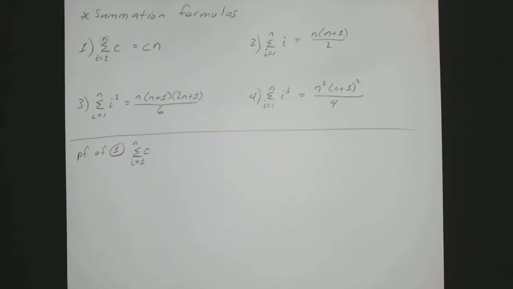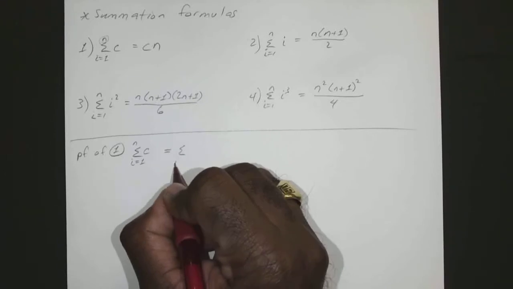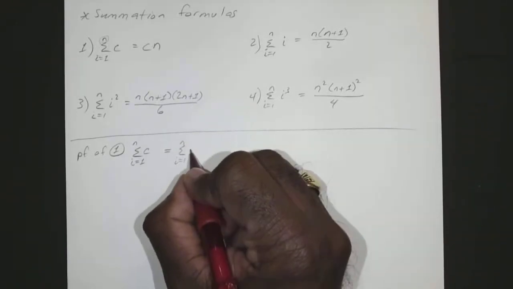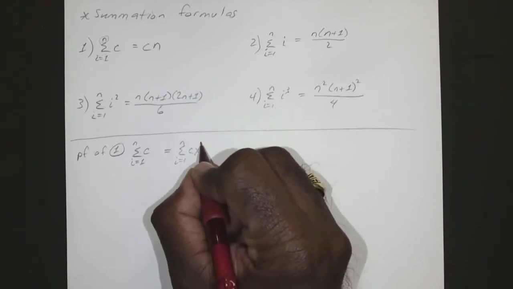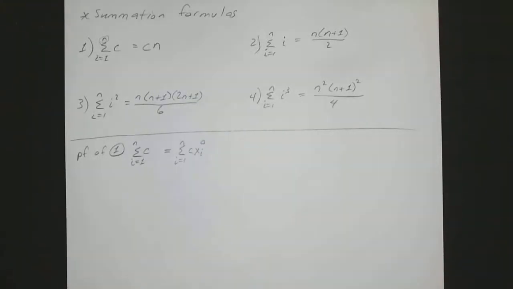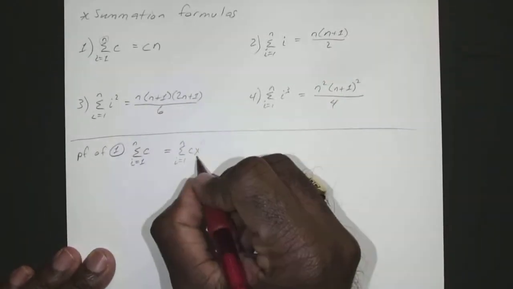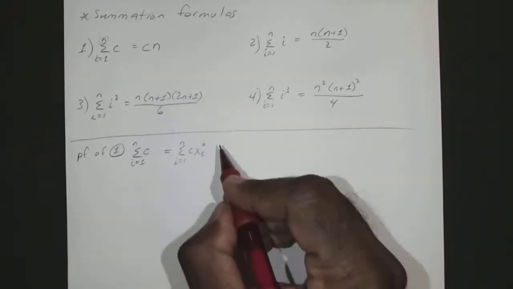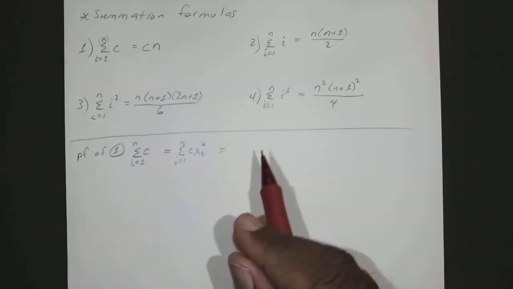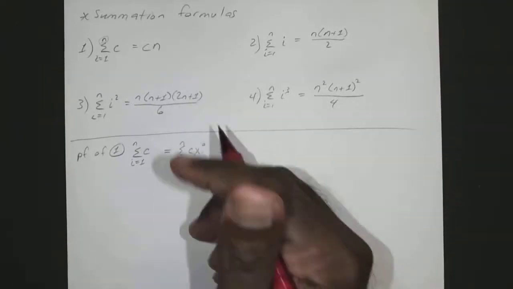So let's say instead of just c, let's say if we decided to make that the sum from i equals 1 to n of a constant times x sub i to the 0 power, which is just 1. Oh, let me clear that up just a bit. Okay, so that's going to equal, that should be i, not 1. Jumping ahead here.